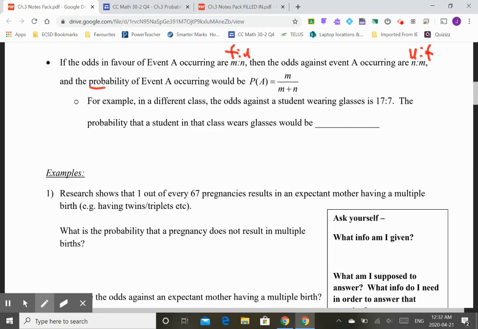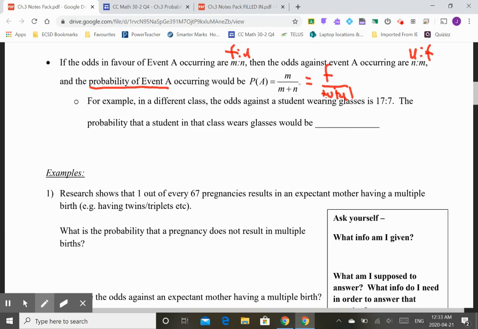Well, the probability of event A would be m, which represents the number of favorable events, over m plus n, which is the total number of events. So m plus n must equal the total. You'll notice that odds does not use a total. Odds only compares favorable to unfavorable.